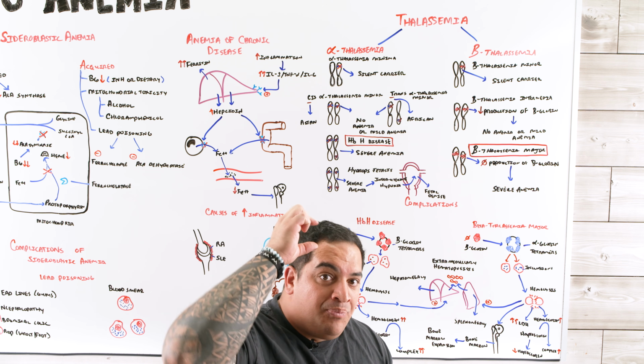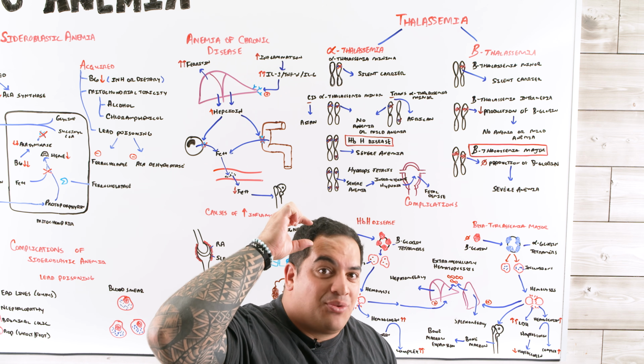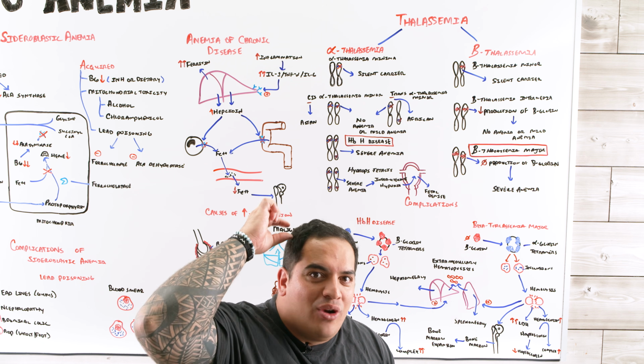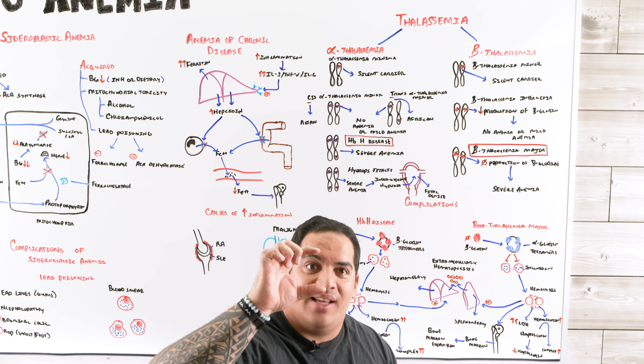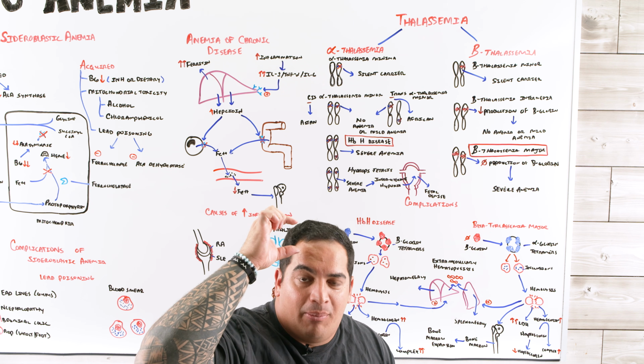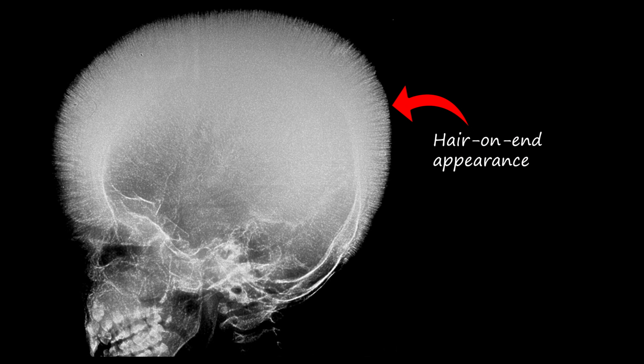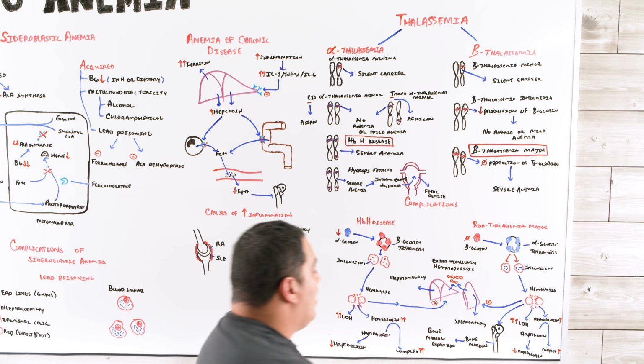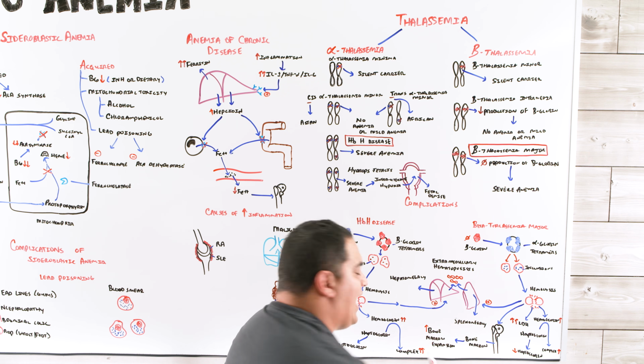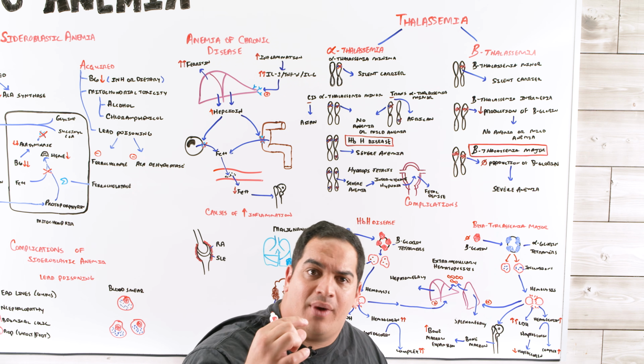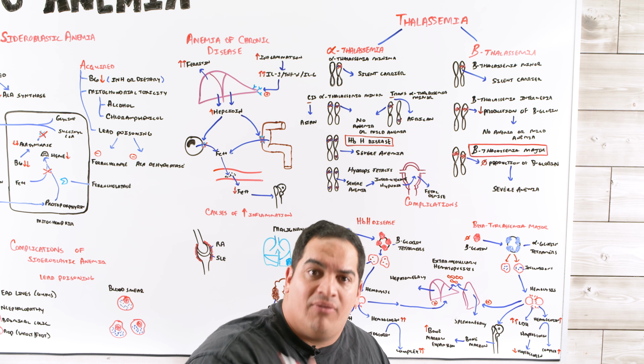And then on top of that, when you look at their bone on x-ray, they have this weird crew cut appearance where you can literally see it looks like they have hair on top of their bone because of this bone marrow expansion. So that's another thing, is that they can develop what we call a crew cut appearance on skull x-ray. They can develop a chipmunk facies as well.